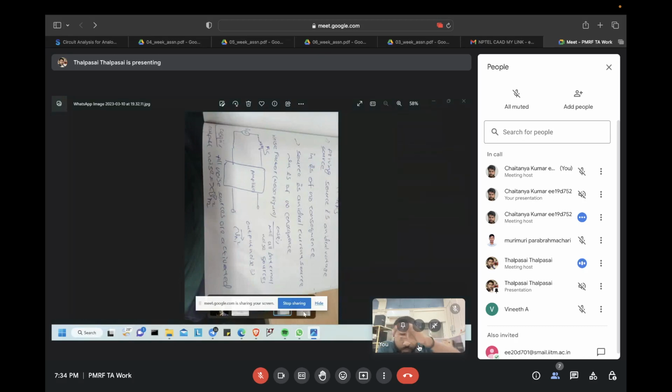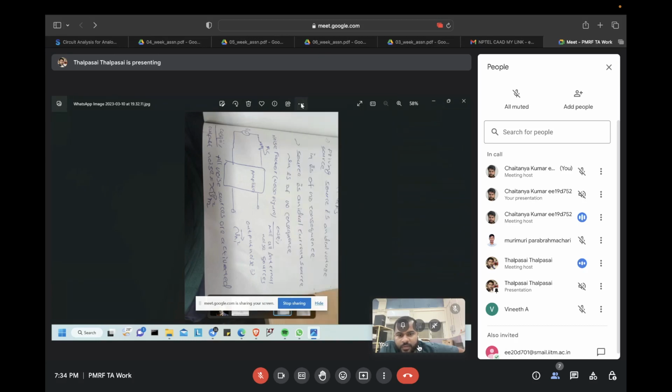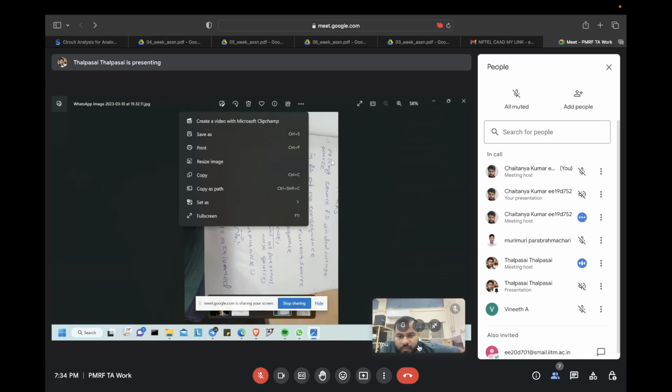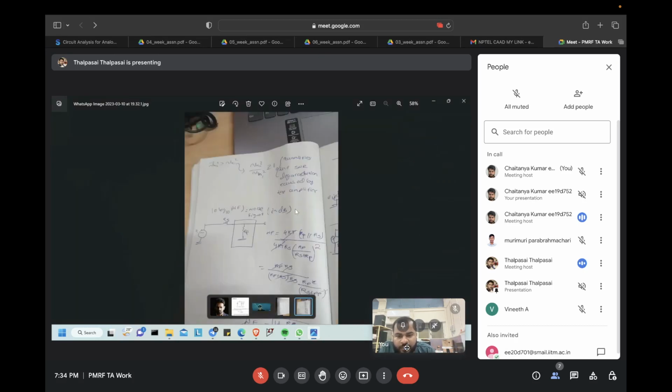Can you rotate it 90 degrees? You can see these two pictures also, sir. One and then next, so can you rotate it?